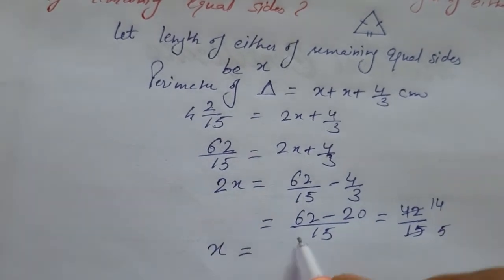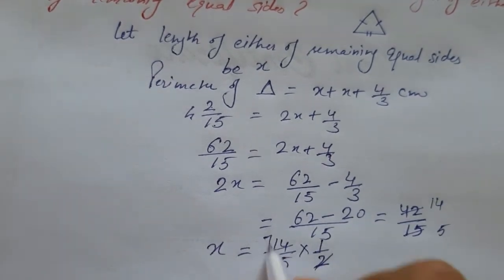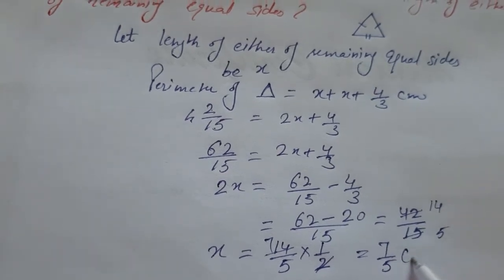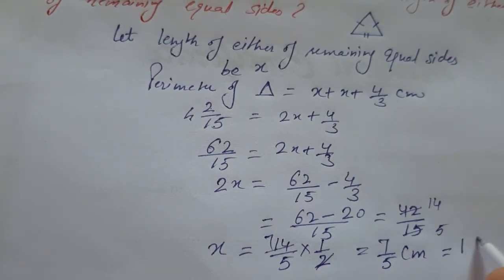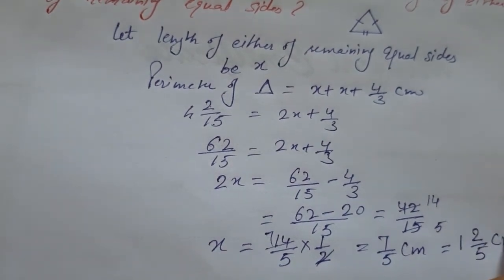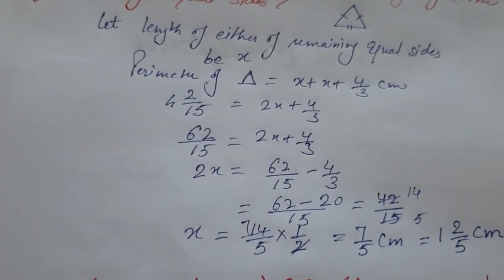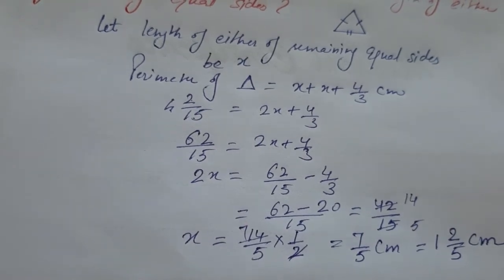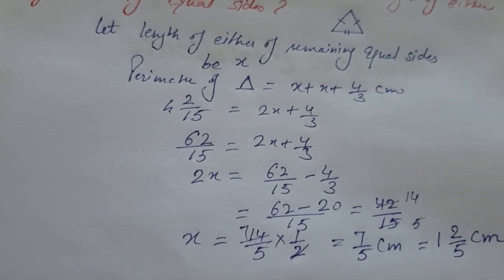So let us divide it by 2 also. 2 7s are 14. It comes out to be 7 by 5 centimeter, or you can change it into the mixed fraction, 1 and 2 by 5 centimeter. So this will be your full-fledged answer. The value of either of the remaining equal sides will be 1 and 2 by 5 centimeter.